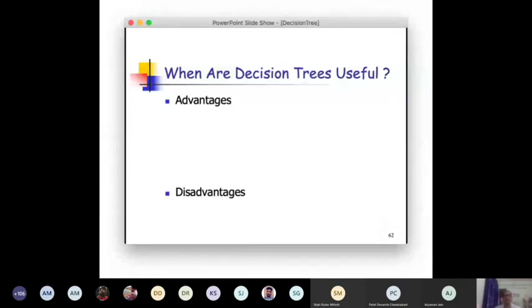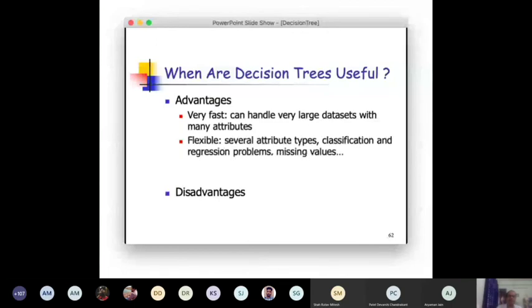So when are decision trees useful? These are certain issues and also some variations of the problem: decision tree for classification, decision tree for regression. If I just summarize the usefulness, what are the advantages that you can see here? That it is very fast. It can handle very large data sets with many attributes in the schema.